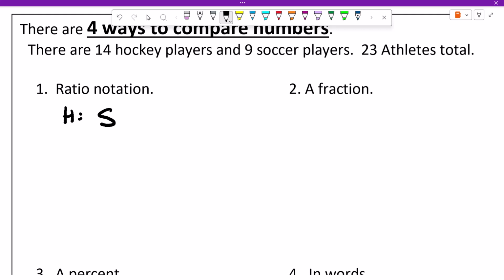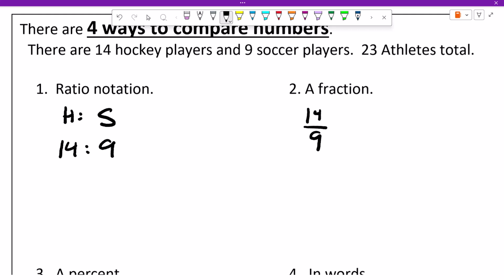Our numbers are 14, 9, and 23 in the question, right? What goes underneath the H? What goes underneath the S? 14 goes here, and under S, 9. This is 9 soccer players. Okay, so this is one way of writing a ratio. Now, as a fraction, we can't go 14 over 9.